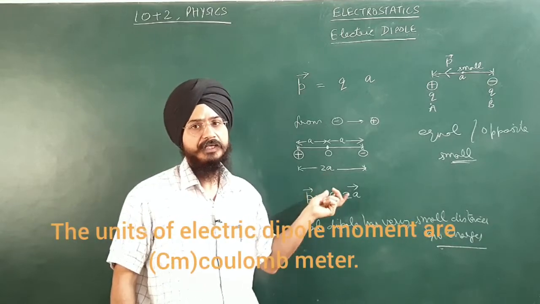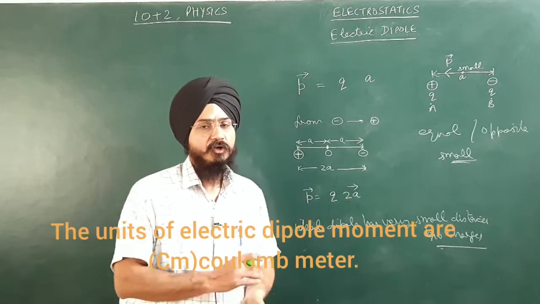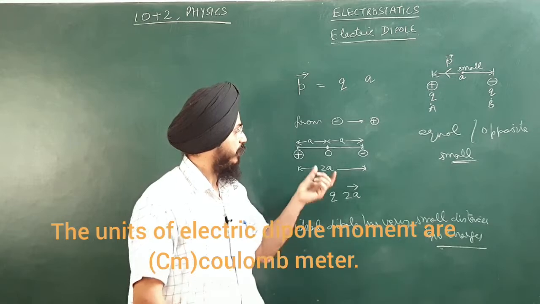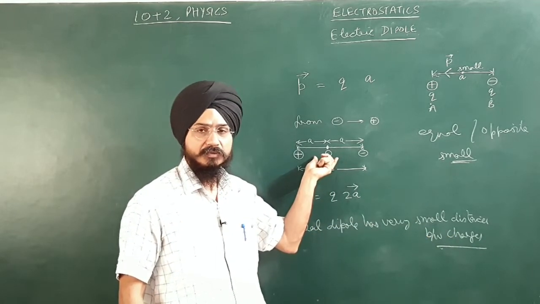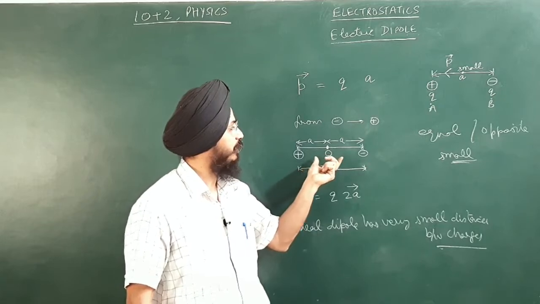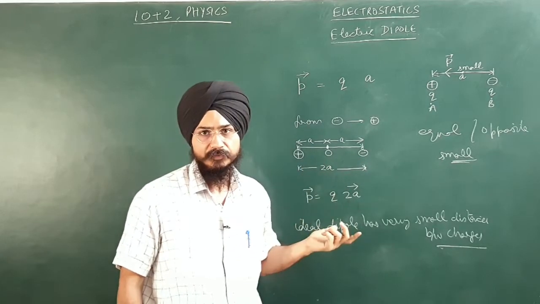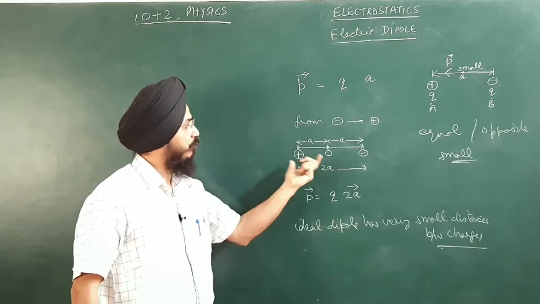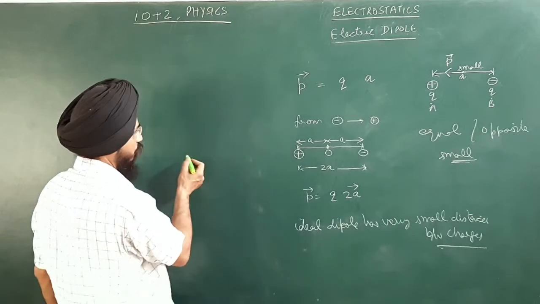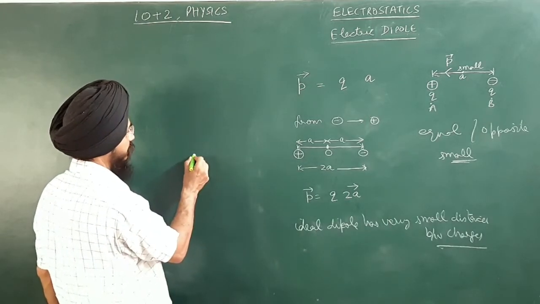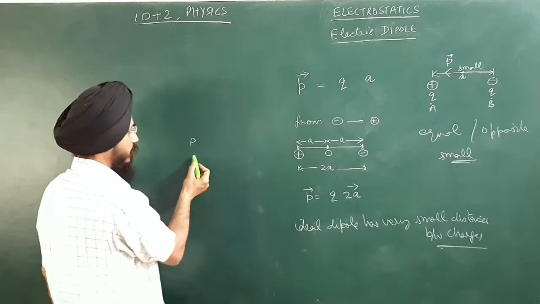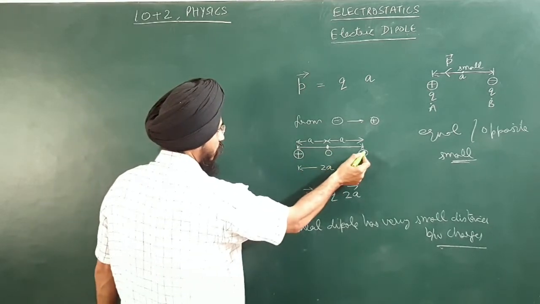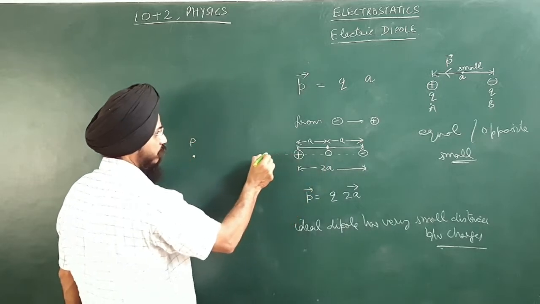Now we will find the expression of electric field for a dipole when the observation point is on the axial line of this dipole. So here is our dipole. Let us assume that here is a point P. Now you see the position of the point is along the axis of this dipole.